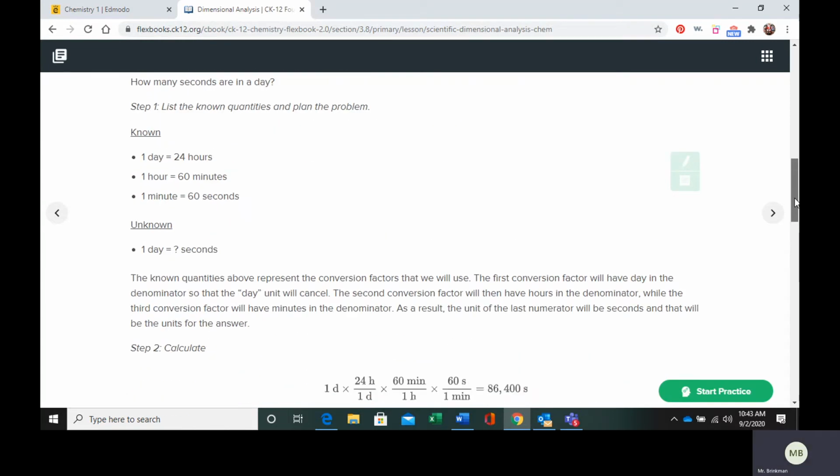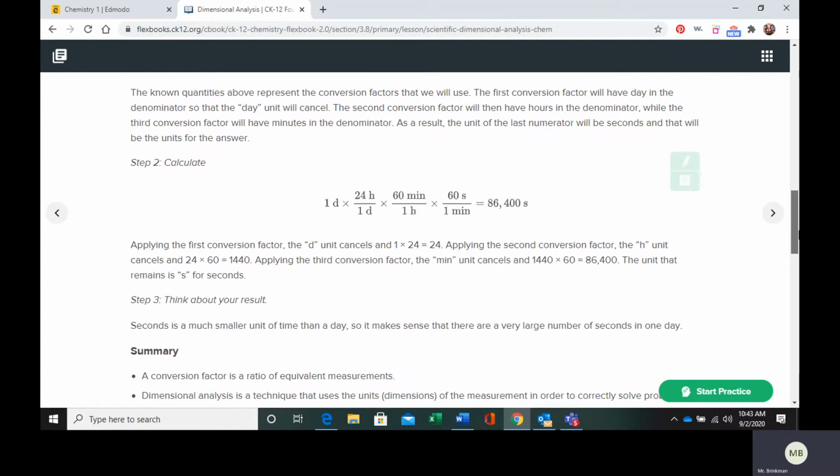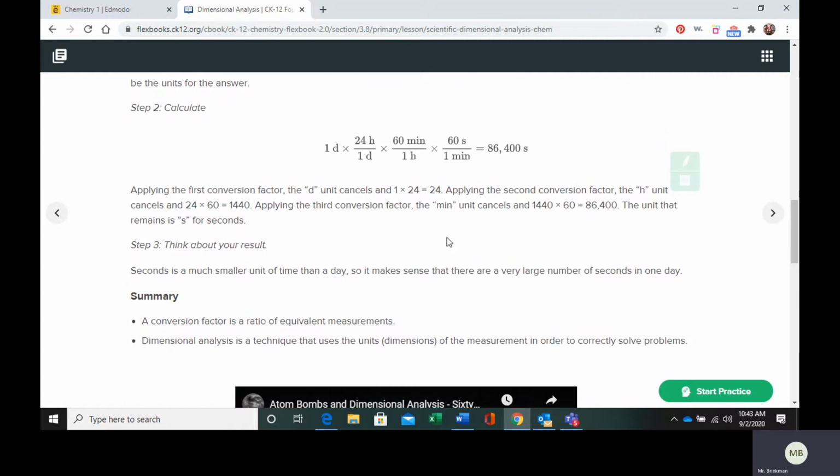And then we calculate. We are asking how many seconds are in a day. So we start off with 1 day. To cancel out units, we want day on the top and the bottom. So 1 day, you multiply it by 24 hours in a day. Now we have hours on top.